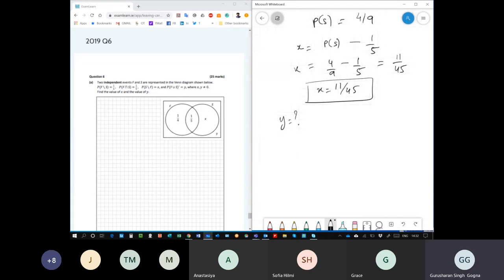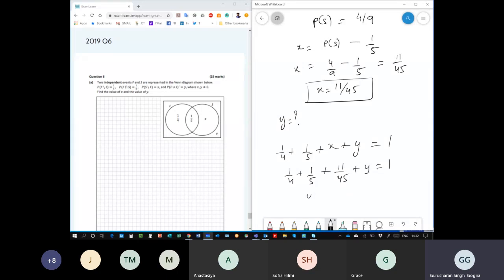So everything means the total probability should be 1, isn't it? So total means 1 over 4, 1 over 5, x plus y equals to 1. So 1 over 4 plus 1 over 5 plus x, X is 11 over 45, plus y equals to 1. And then you just have to solve this.